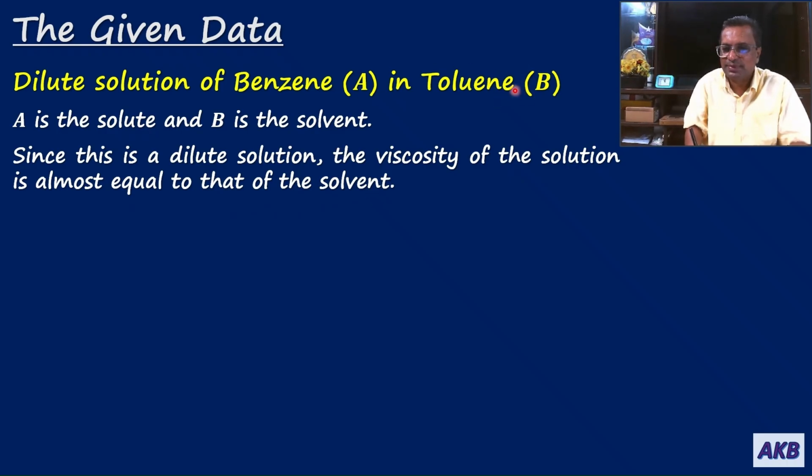Since B is present in a large amount as compared to A, the viscosity of the solution containing A and B will be approximately equal to the viscosity of B. That is the way you understand when the solution is a dilute solution.